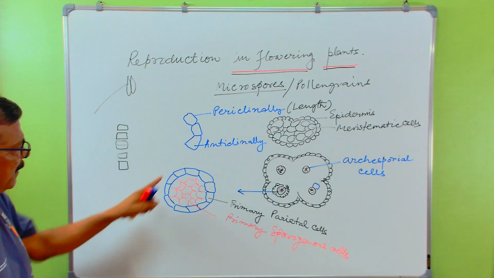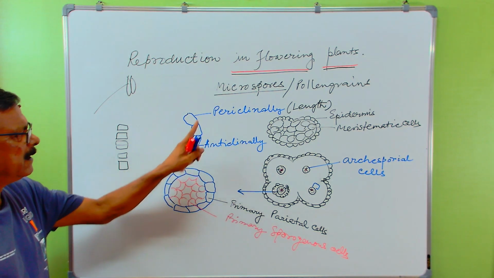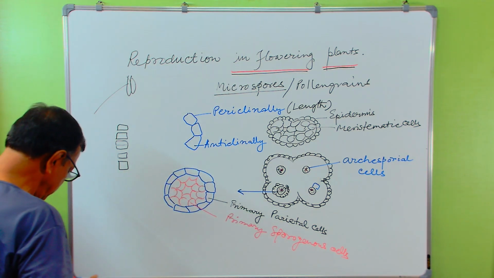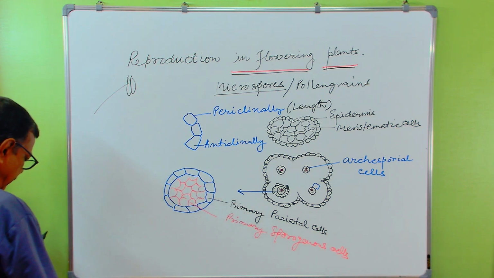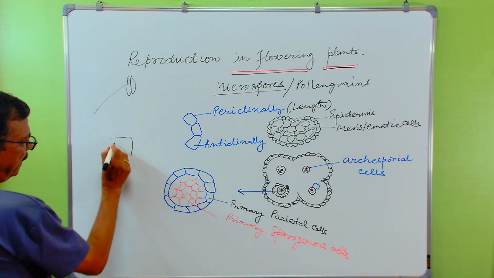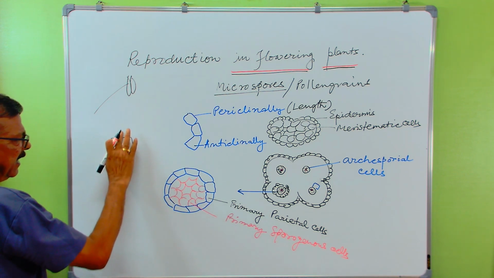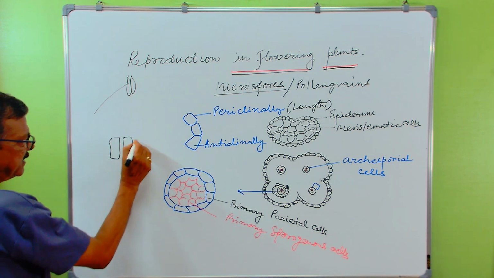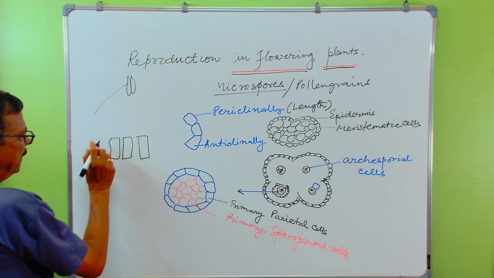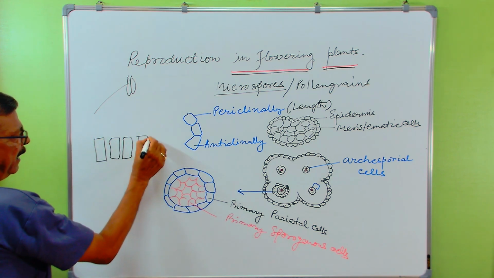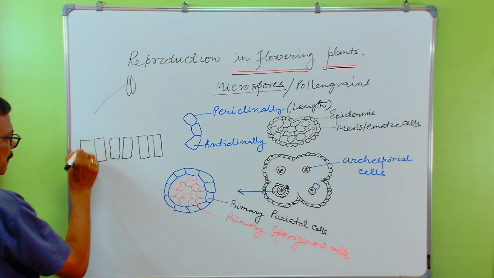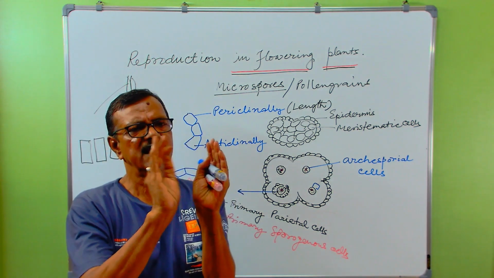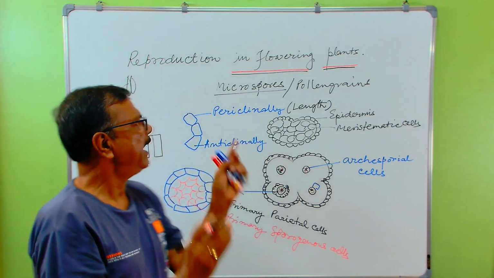And anticlinally. So these cells divide periclinally and anticlinally. How? Anticlinal division, suppose this is a cell, it divides anticlinally. Two cells. Again it divides anticlinally, another cell, another cell. So it will increase the circumference of the anther.